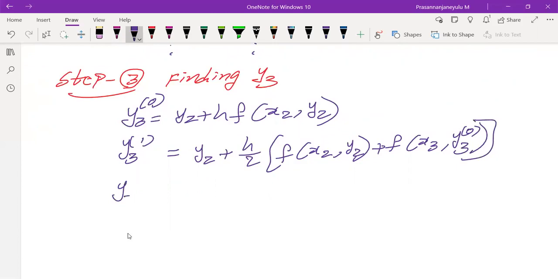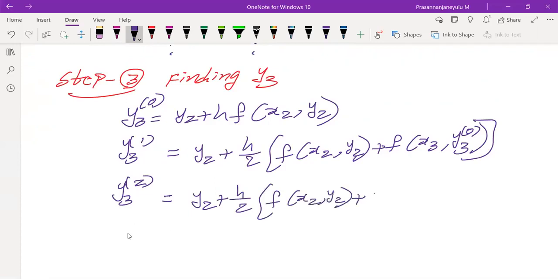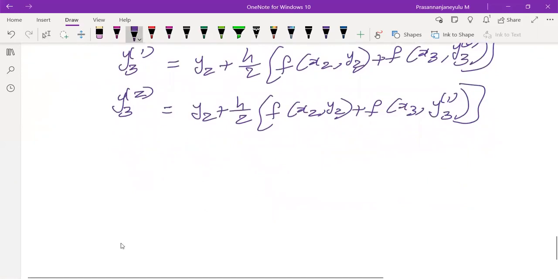Next, same manner, we go for the second approximation of y3. What is the second approximation of y3? y2 plus h by 2 into f of x2 comma y2 plus f of x3 comma the latest approximation of y3, which is the first approximation. That we have to substitute in place of y.